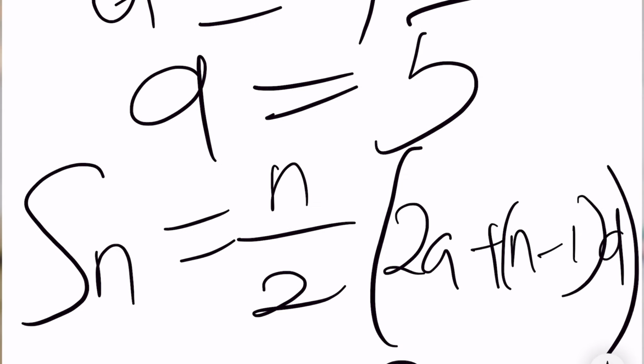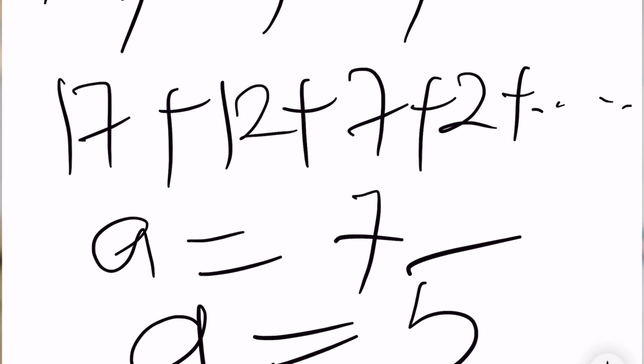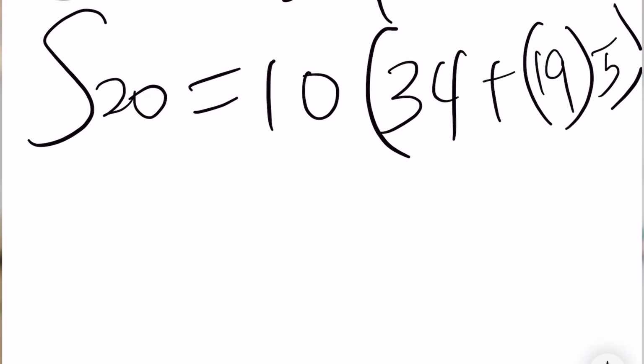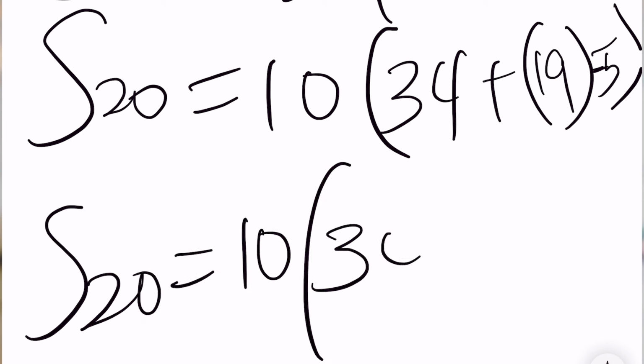And we should note that this d is actually decreasing, which means this is now minus 5, which is 17 minus 5, which is 12, 12 minus 5 is 7, so this is actually minus 5. So we have S20 to be 10 into bracket 34 plus 19 times minus 5.